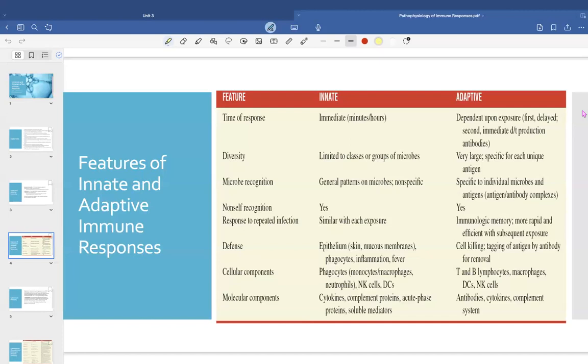As far as microbe recognition goes, again, there are general patterns, similar sugar molecules or proteins. It's not specific to each pathogen. It's more of a general characteristic of microbes, whereas the adaptive is very, very specific.